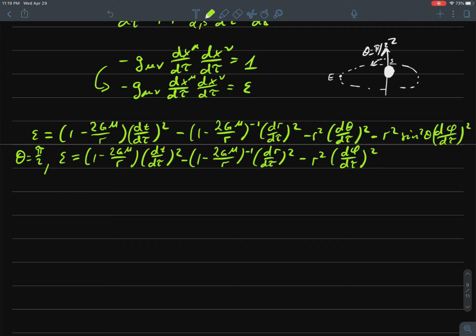What we want to do next is introduce some quantities that can help us simplify this, and those are conserved quantities. Okay, so I have my conserved quantities here. Now, if I think about the orbit here, there's 3 things conserved.